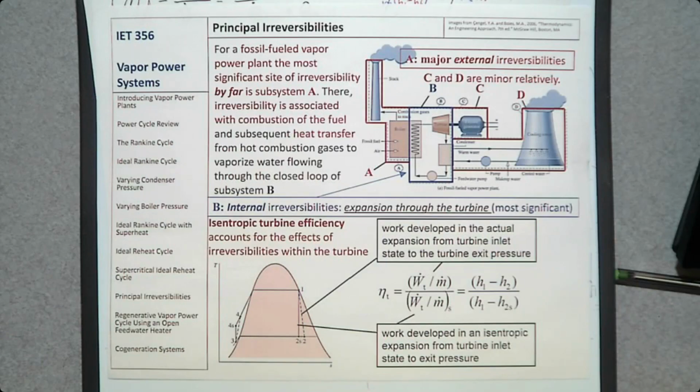If it is concentrating solar power, then the main irreversibility is how we concentrate the sunlight. If it is a fossil fuel power plant, the main irreversibility is how we burn this fossil fuel. So that's the main issue. But that's not the interest of our study. We are interested in this Rankine cycle, how we actually produce mechanical power.